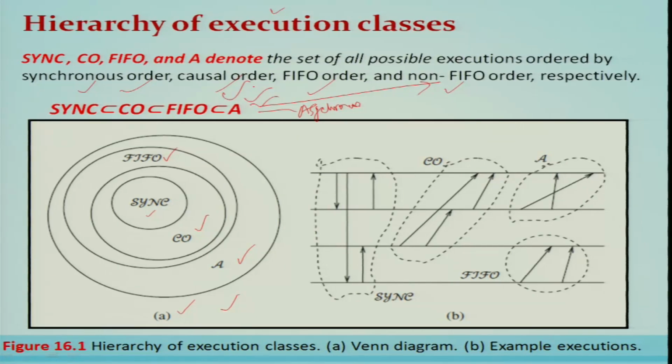In the examples here, if it is sync, that means the sender and receiver work in synchronization, and they can be represented by these arrows. In a causal order, we can see that if these two sends have a precedence relation, or this send happened before the other send, then when they are received, this order is also ensured at the delivery time.